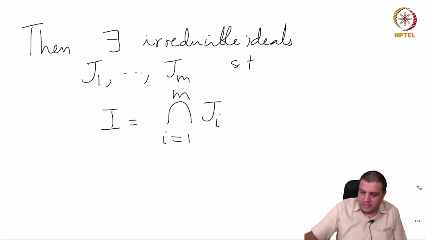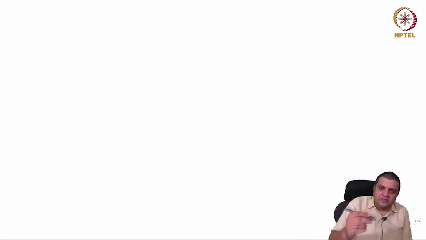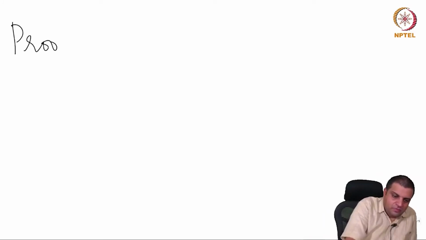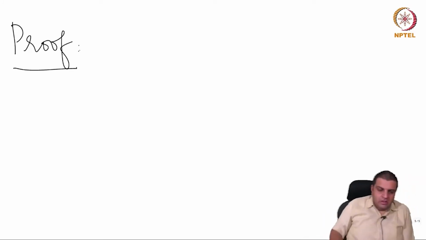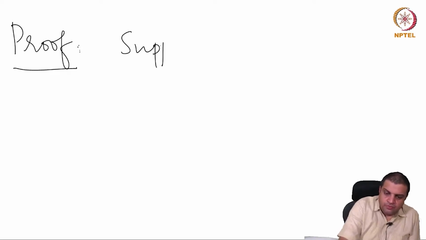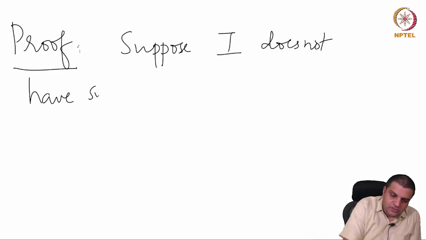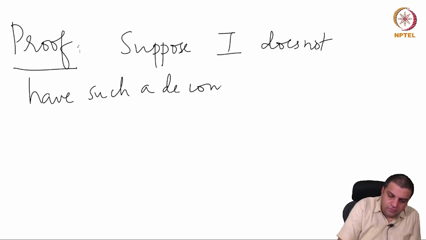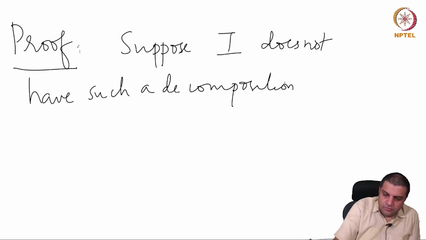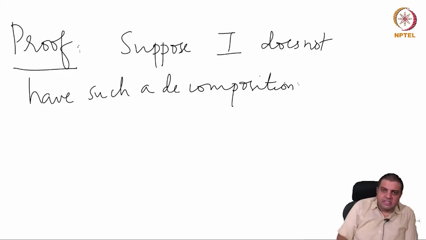Okay. How do we try to find this decomposition? So the proof is sort of a typical proof in a Noetherian case. Suppose this is not true. Suppose I does not have such a decomposition. What does that mean? Well, I cannot be written as a finite intersection of irreducible ideals.